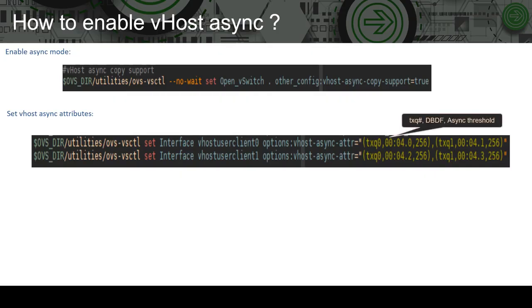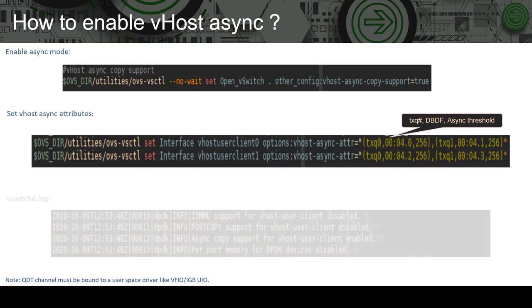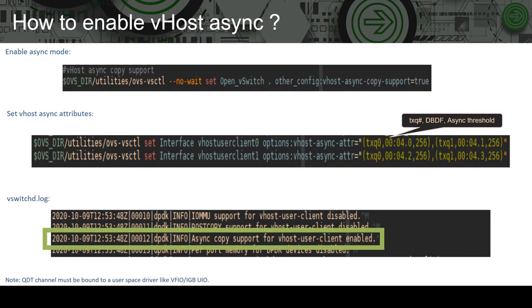The txq number, the DBDF function, and the async threshold for that specific queue. Now before you specify the PCI ID for the QDT, it must be bound to a user space driver like VFIO or IGB_UIO. Now when this option is set, you can see in the log there is a specific message which allows the user to confirm whether async copy is enabled or not.